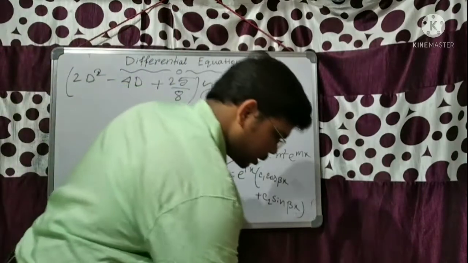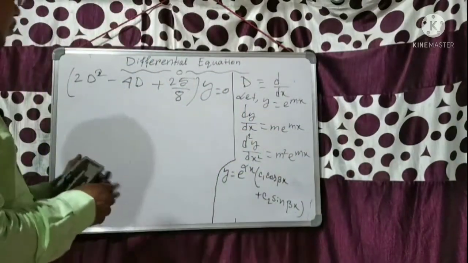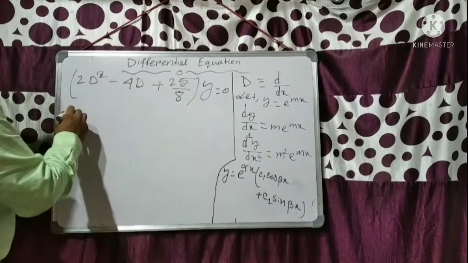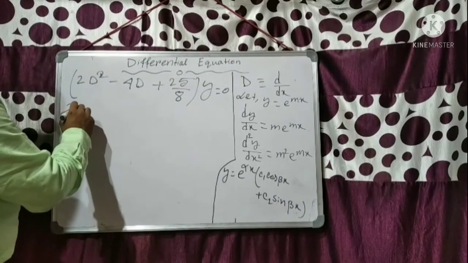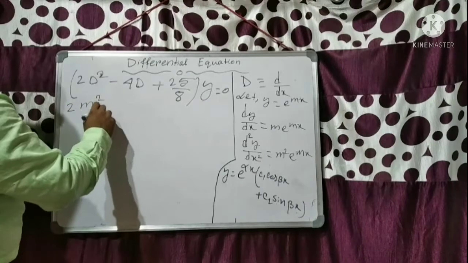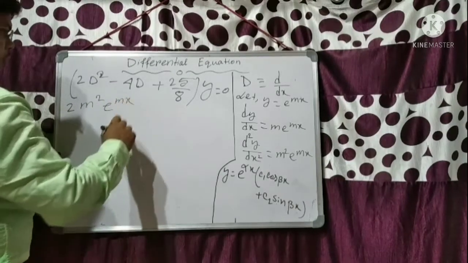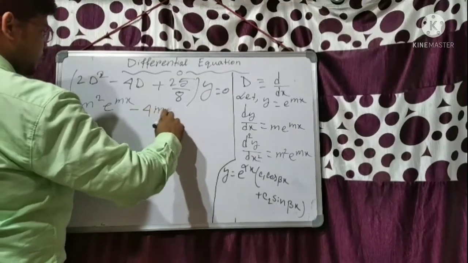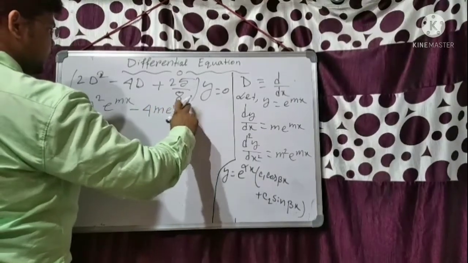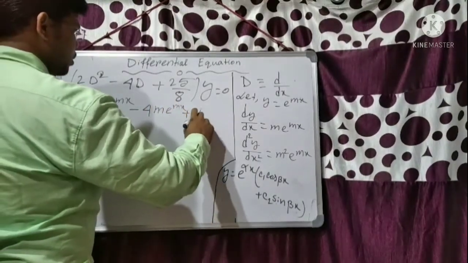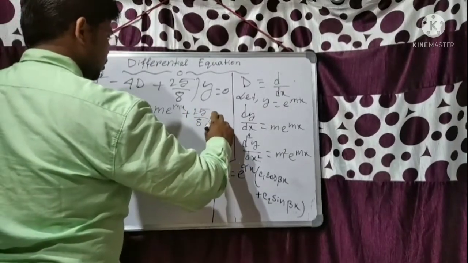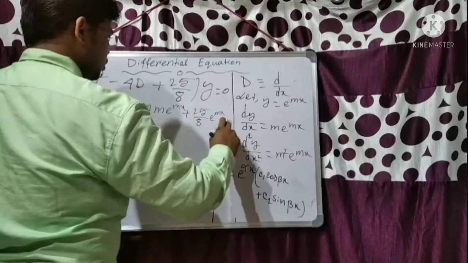If I take this example, then what will happen? Just see here. So actually 2D square y means 2m square e to the power mx, okay, minus 4m e to the power mx plus 25 by 8 e to the power mx, this equal to 0.